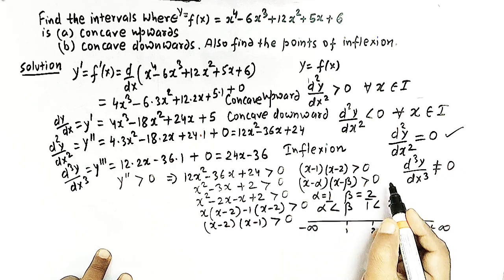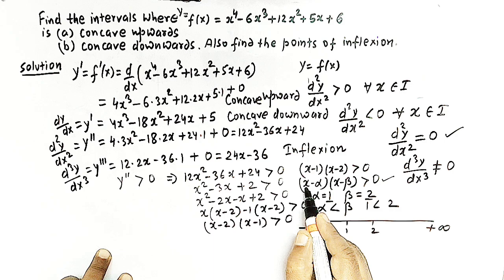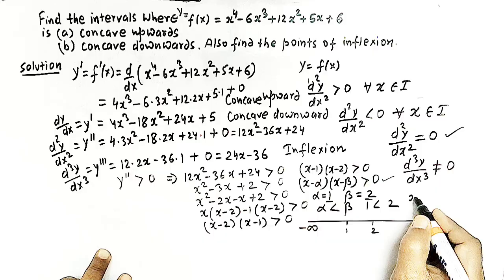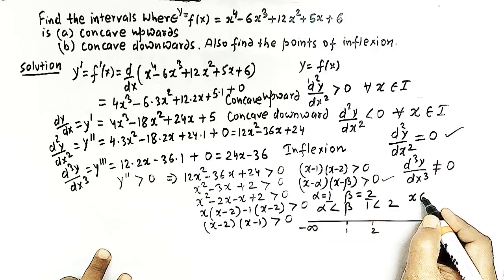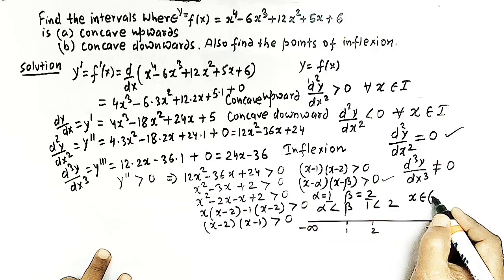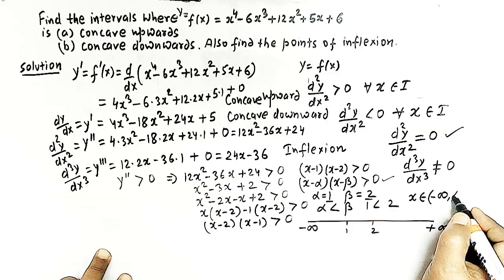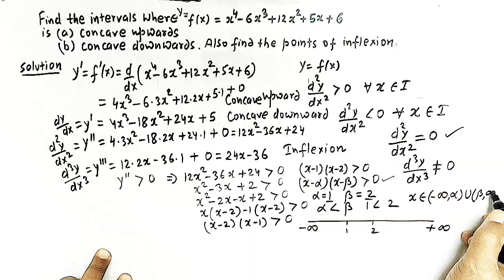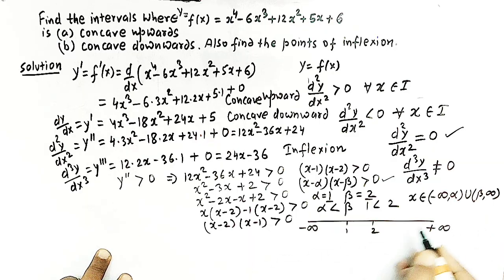So the solution of this type of inequality, x minus alpha times x minus beta greater than 0, is given by x belonging to the interval minus infinity to alpha, and here we have the union, here we have beta to positive infinity, right?